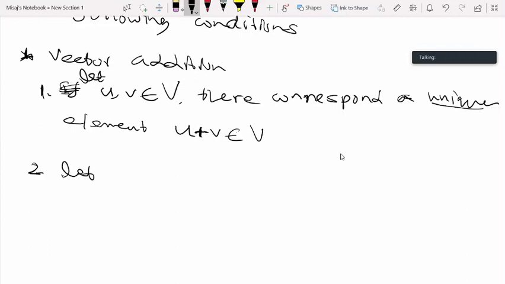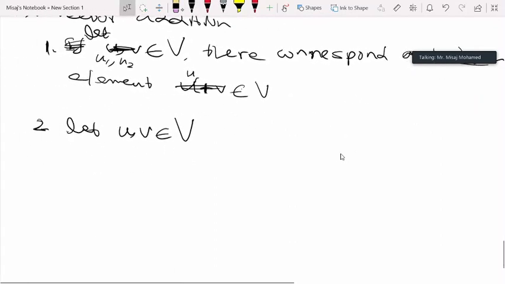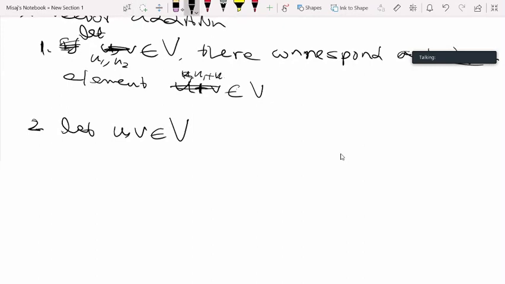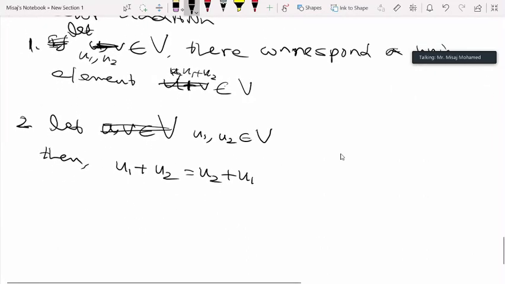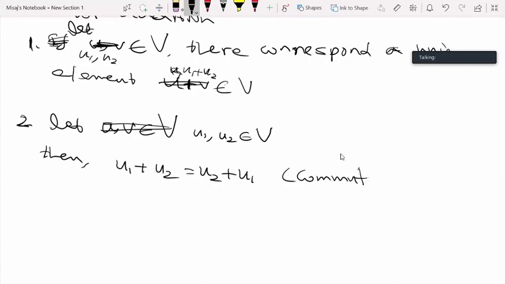Now let u1 comma u2 be in V. Then u1 plus u2 must be equal to u2 plus u1. This is called commutative law.